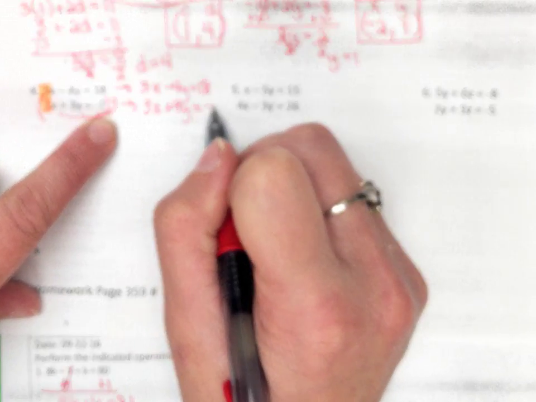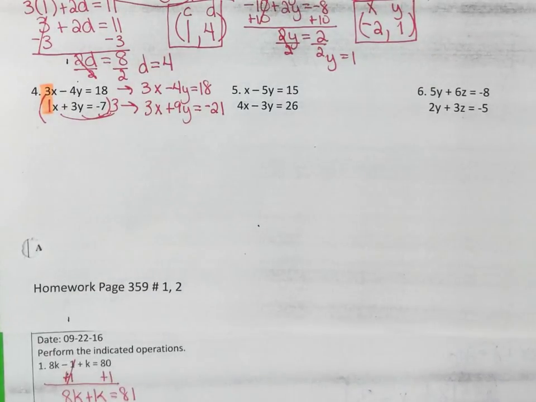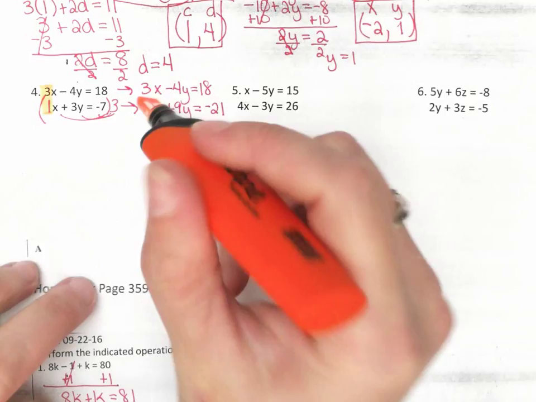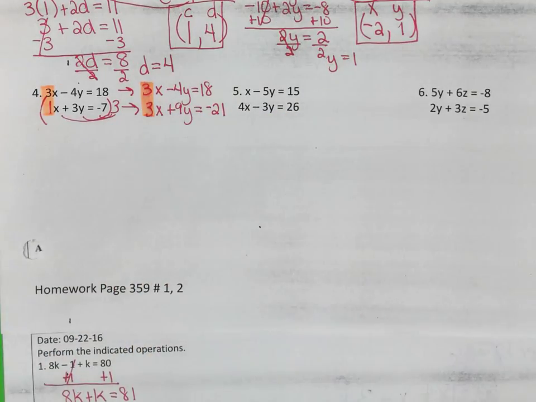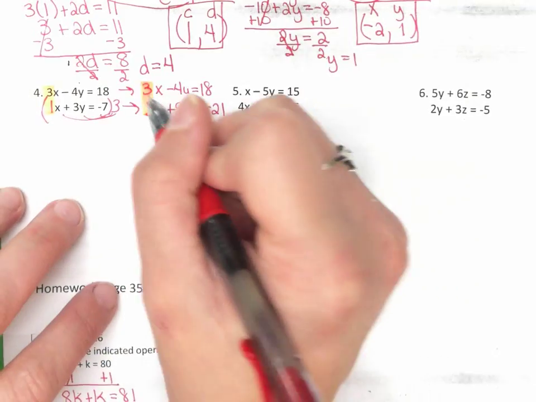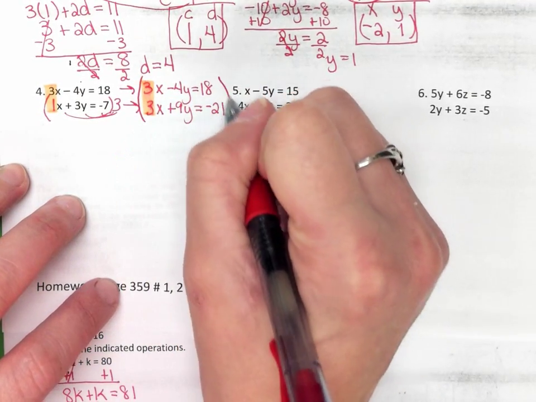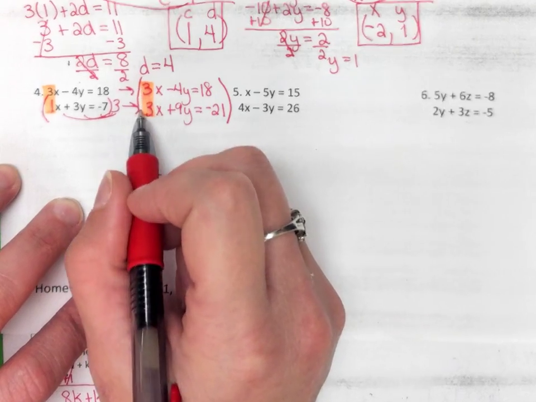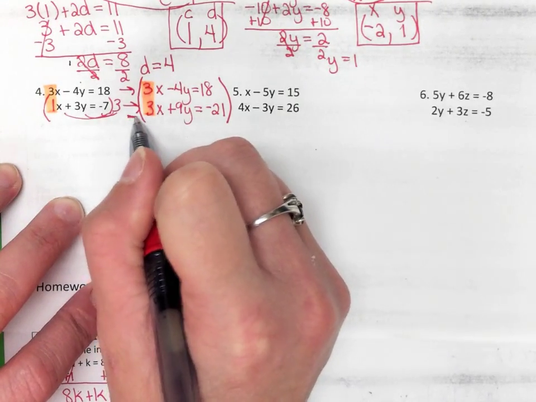And negative 7 times 3 is negative 21. Alright, now do you see how the x's have the same number? So they have the same number, but they also are both positive.